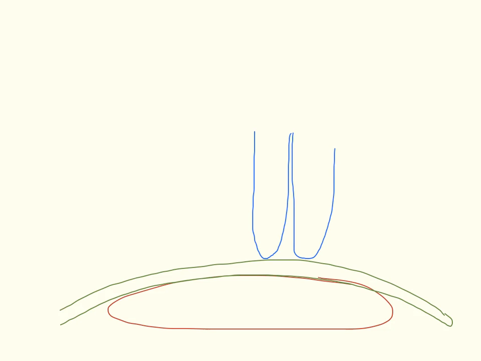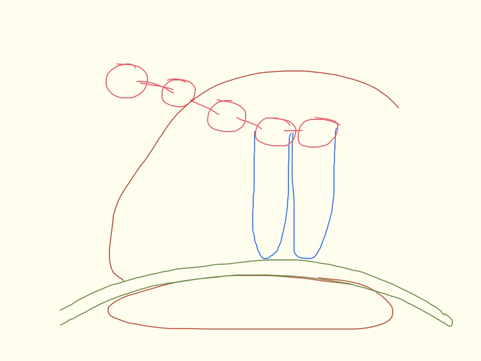Each tRNA corresponds to a certain amino acid, and these were the amino acids that were brought in before, and this was the peptide bond that was formed. And of course there was the larger subunit of the ribosome.